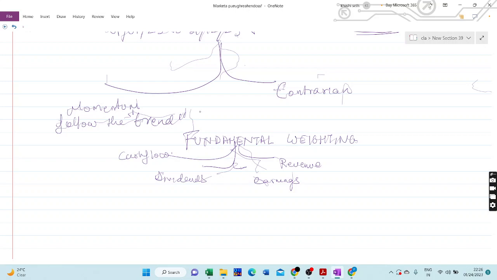So we were discussing price weighted index yesterday, and we were saying that in a price weighted index, the stock with the highest price has the highest weight, and in a market cap weighted index, as the price of the stock increases, its weight in the index increases, and vice versa. But in a fundamental weighted index, there is no such problem.